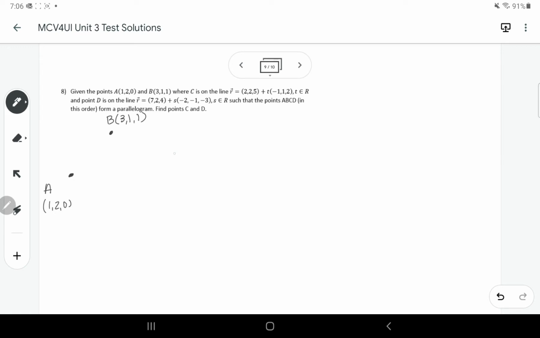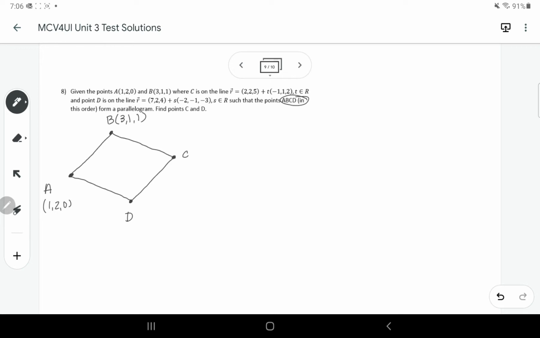And then we've got point C that's on a given line and point D. So one thing here that was important when we're labeling these points is that they, in this order, A, B, C, D, form a parallelogram. That means I have to connect them in that order, A to B, B to C, C to D. That's what makes my parallelogram.